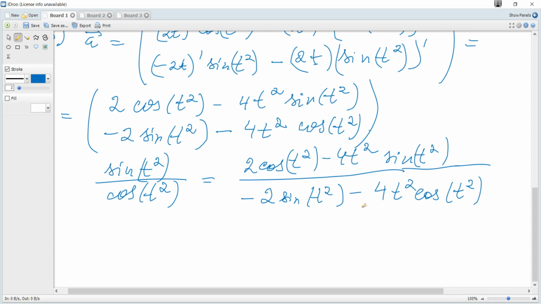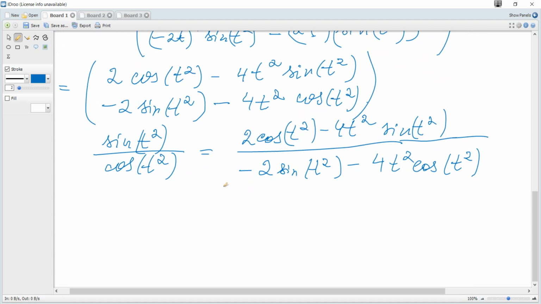We can divide each term in the numerator and denominator by 2, and actually we can divide by minus 1 to make it simpler.